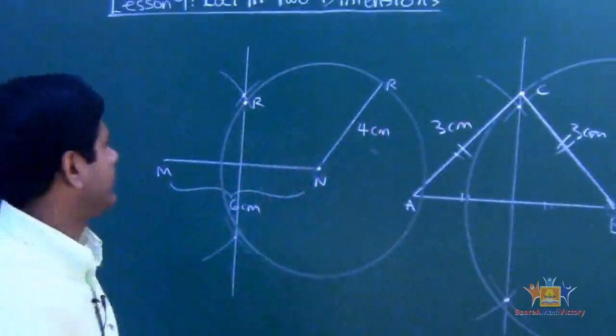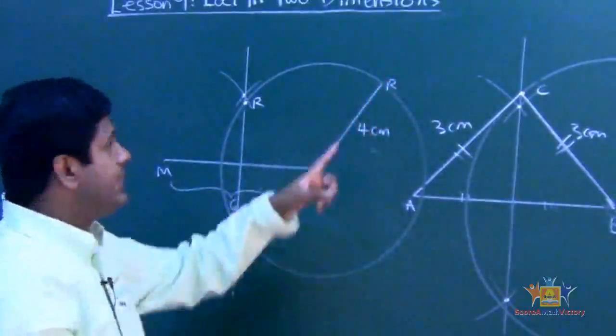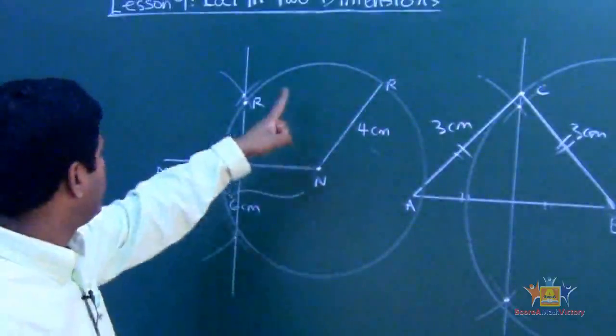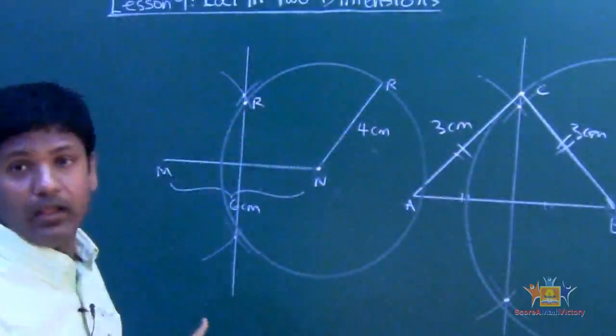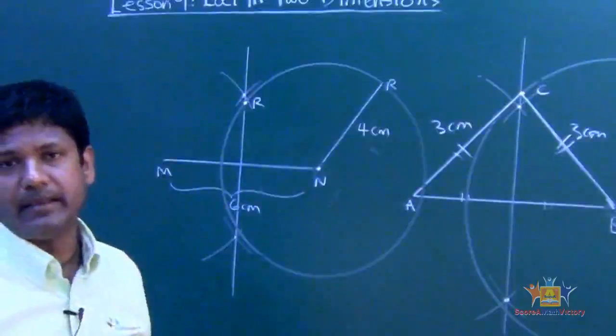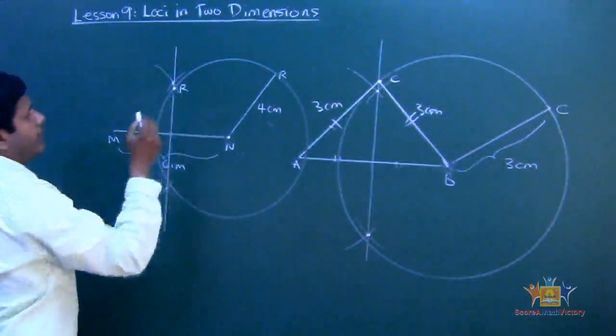See that? So I randomly put 4 centimeters from N to R, and then found where the locus intercepts with the perpendicular locus to the line MN. See that? The 2 loci intercept right there, and that's the point R.